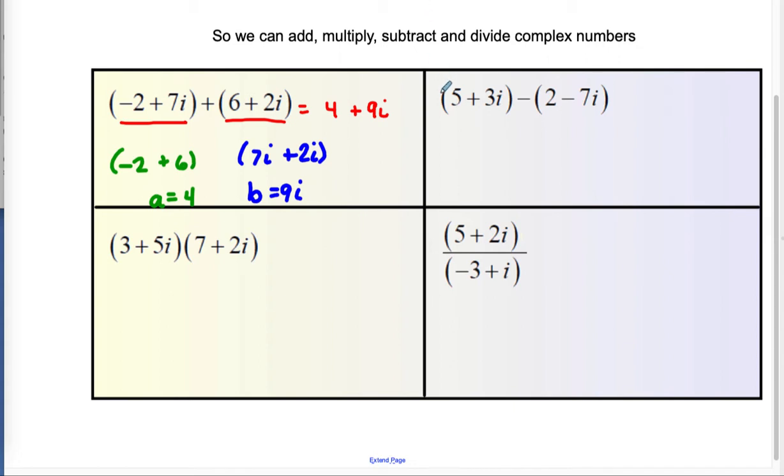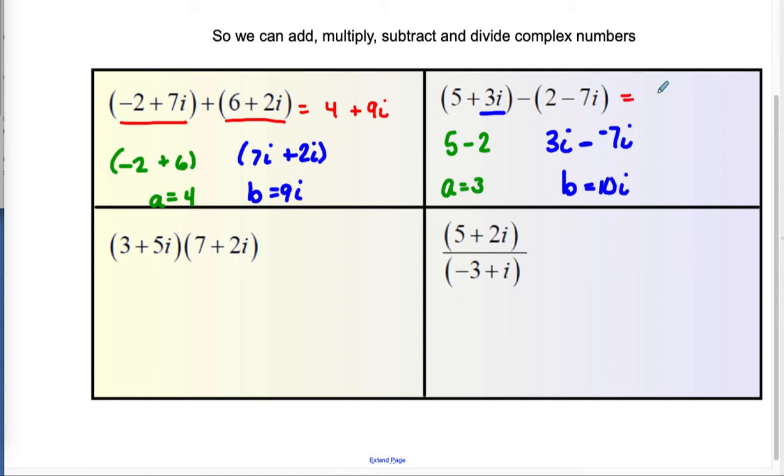All right, if I was going to subtract here, 5 minus 2 tells me my a part is 3. Careful, 3i minus -7i would get me a b part of 10i.